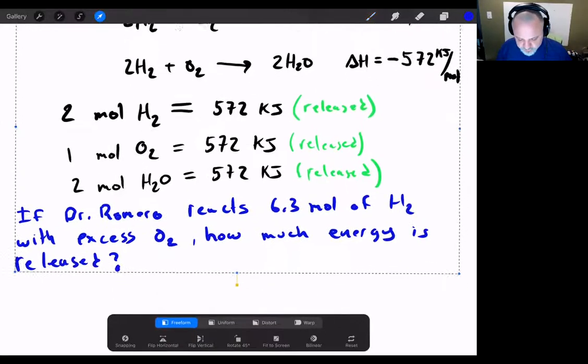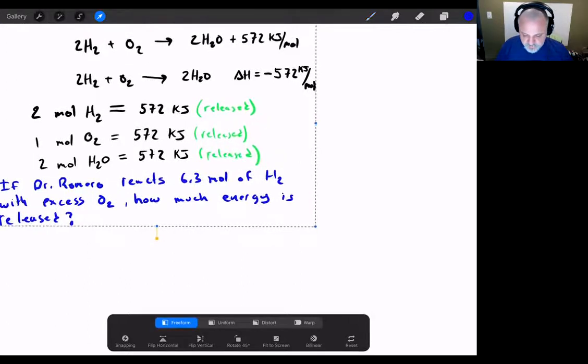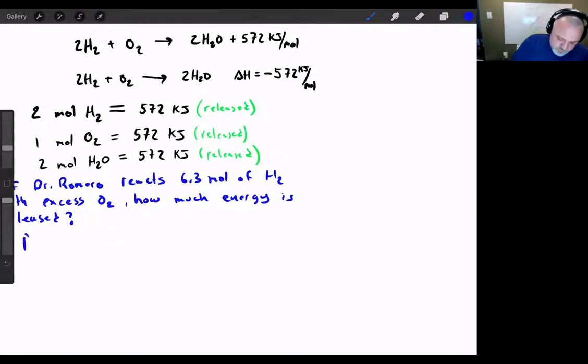And so we'll approach this problem solving the same way we have in the past. 1, what are we given? We're given that 6.3 mole of H2 are reacted. We're using these equations.